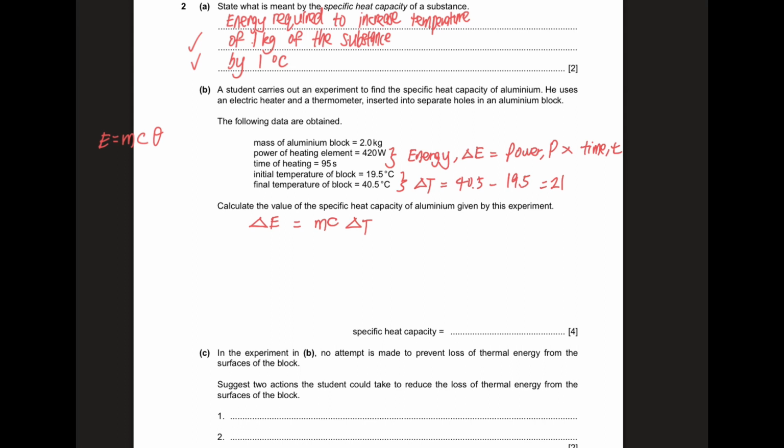Now delta E is power times time, so 420 times 95. The m is 2.0 kg, the c unknown, the delta T 21. Now c equal to 420 times 95 over 2 times 21.